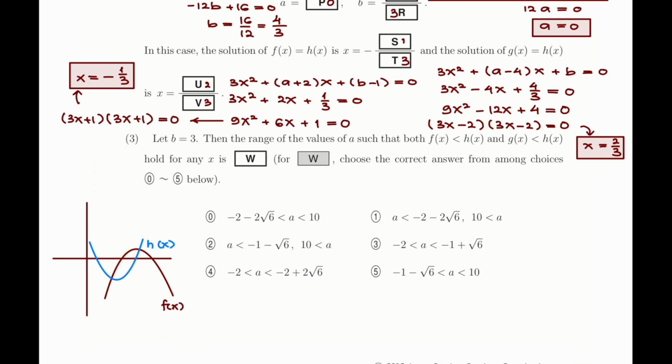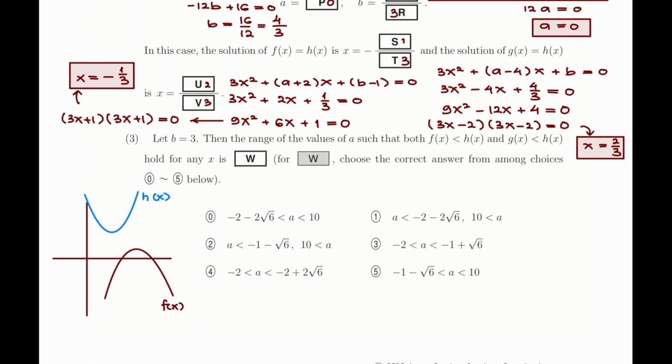So we only want the condition that f is below h. That means they do not intersect with each other. Since they do not intersect with each other, that means the discriminant must be less than 0.